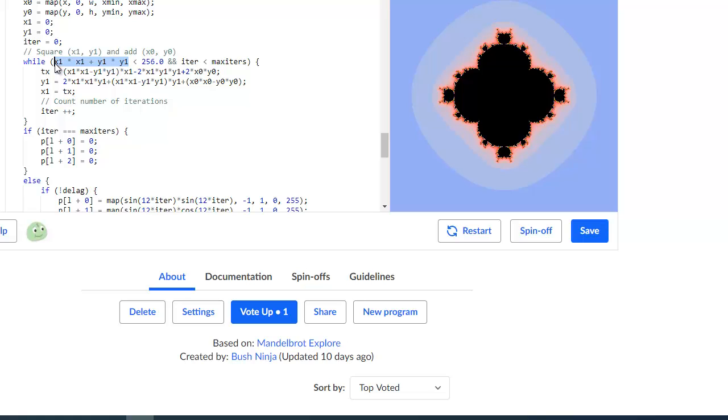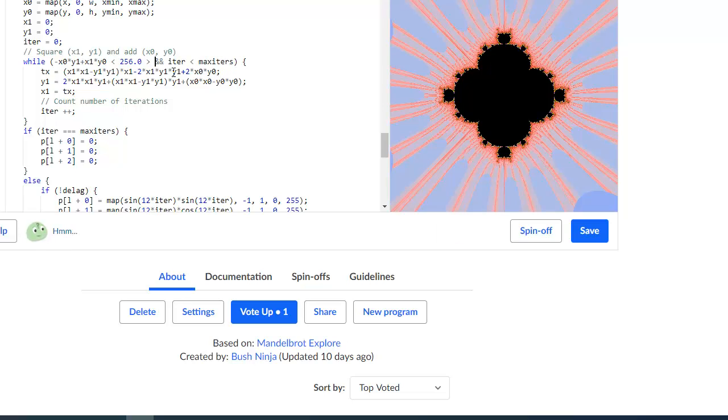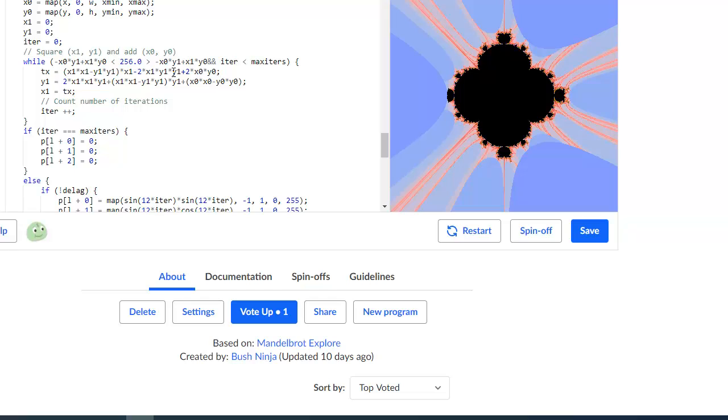So we do this, and we got ourselves a little bit of a problem. Why do you think this is happening, do you wonder? Well, what we could do is we need to repeat it.